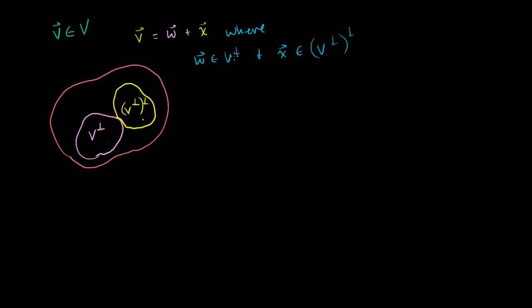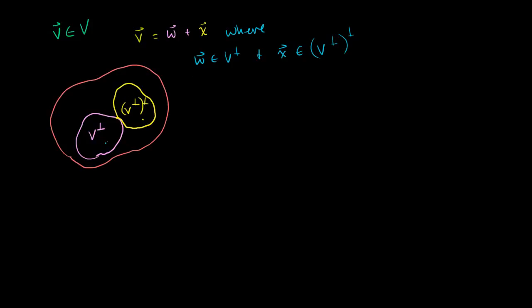Notice, I could have called this set S, and then this would have been S and its orthogonal complement. And we learned that anything in Rn can be represented as a sum of something in a subspace and the subspace's orthogonal complement. So it doesn't matter that v is somehow related to this. It can be represented as a sum of a vector here plus a vector there.